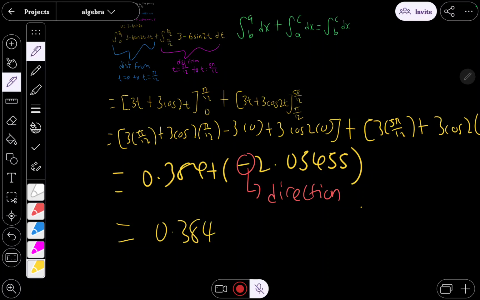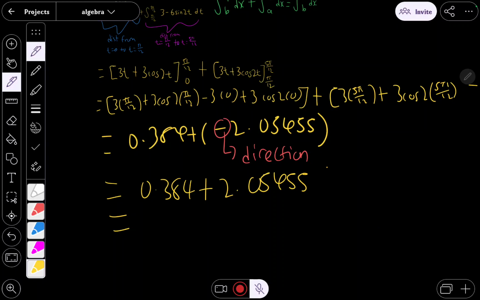It has both magnitude and direction. So 0.3834 plus 2.0555, take it as positive because negative just indicates the direction. It doesn't mean that the distance is a negative answer. Therefore, it equals 2.44 when rounded off to 3 significant figures. No need to write units, but in this case, the distance is in meters. Understand?